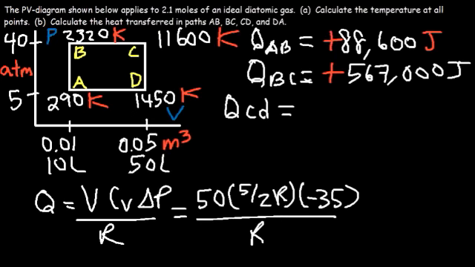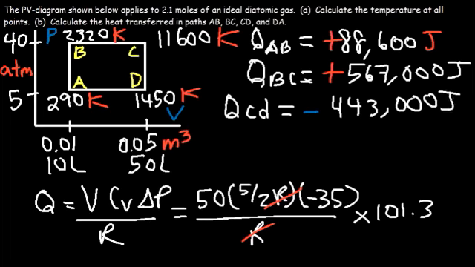And we can cancel R. And let's not forget to multiply it by 101.3. So this is going to be negative 443,000 joules. I'm rounding each answer to 3 sig figs.